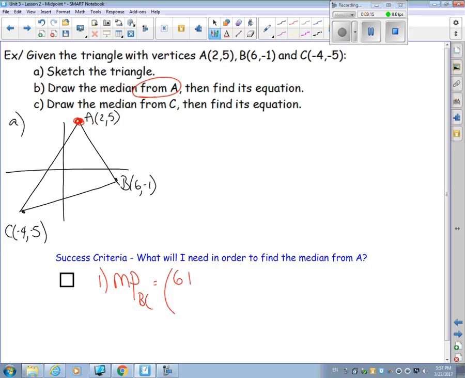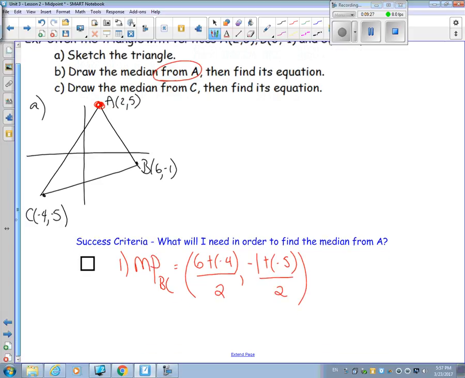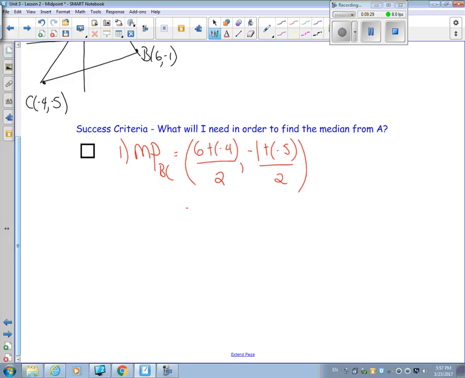BC: 6 plus negative 4. Add our x's, divide by 2. Y's: negative 1 plus negative 5, divided by 2. Okay, what are we going to get? We'll get 2 over 2 and negative 6 over 2, which is 1 and negative 3.